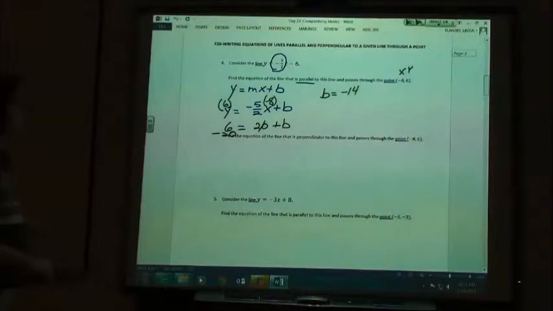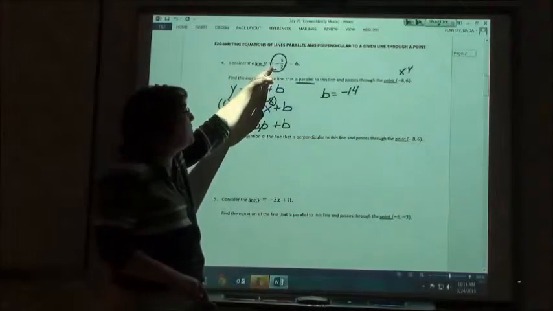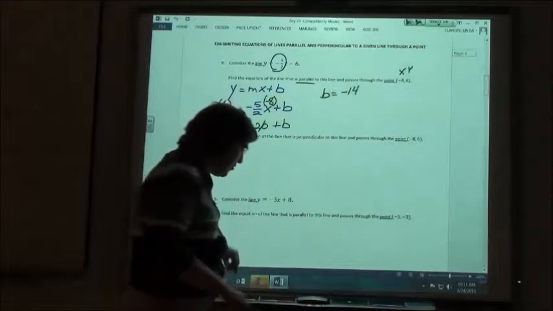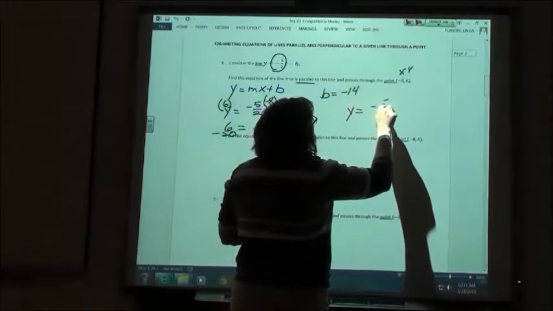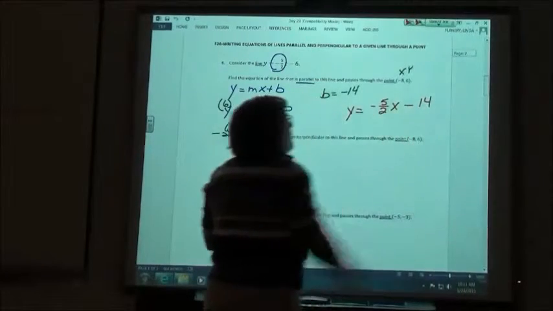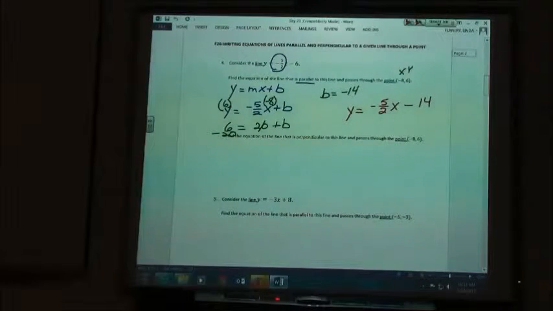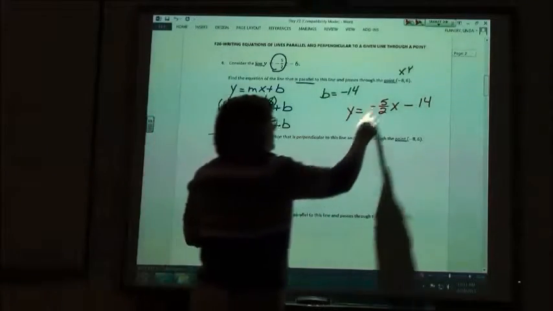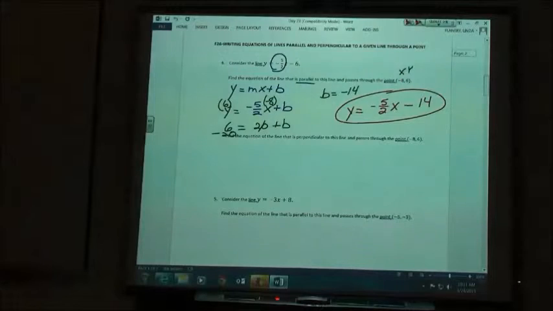So now, I know the m, because it had to be that same m, and I know the b. I can write the equation of that line. y equals negative 5/2 x minus 14. That's the first answer.